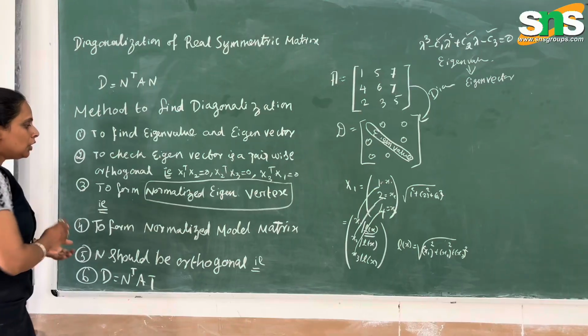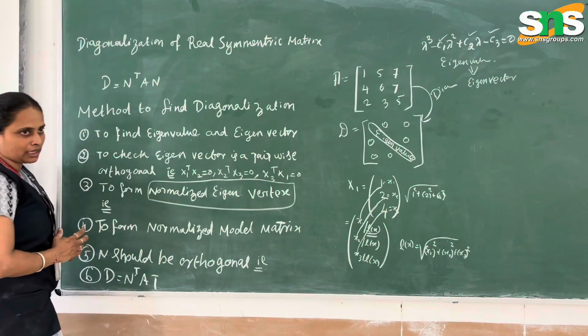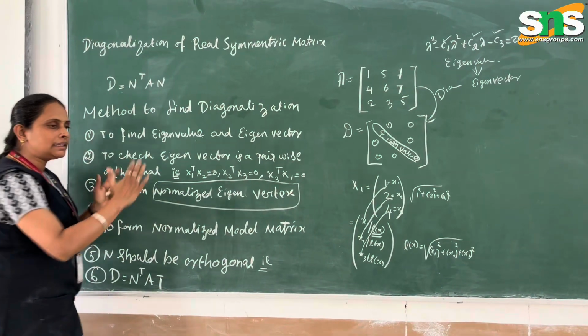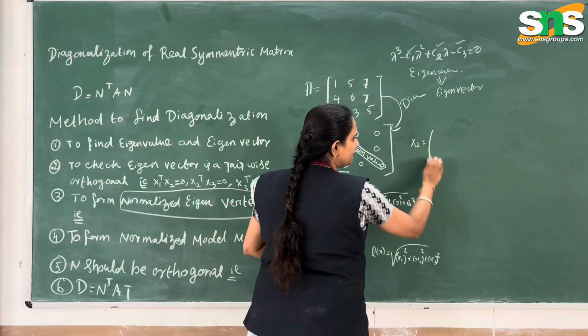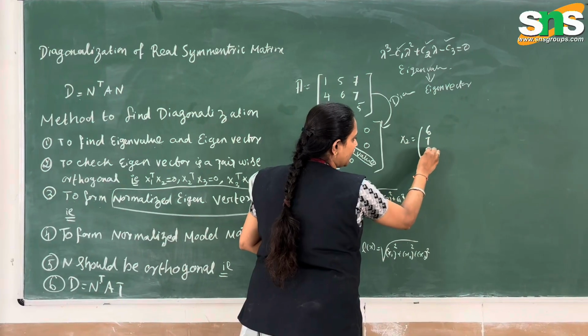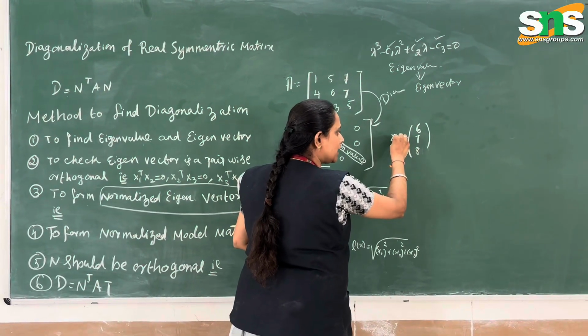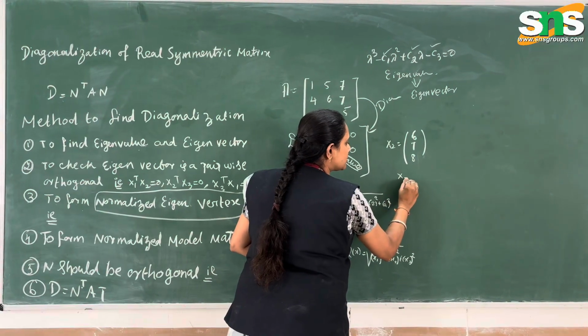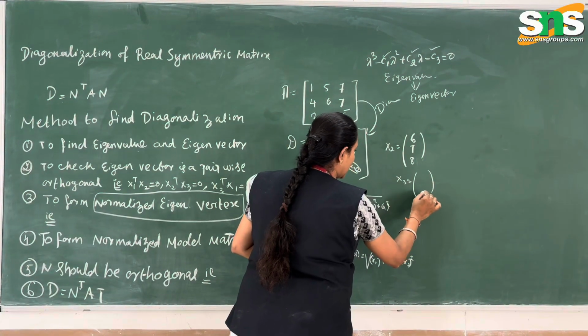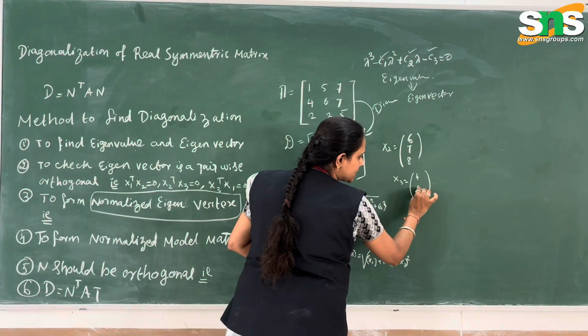Using this normalized eigenvector, we combine three vectors. For example, x2 is 6, 7, 8, and using this x2 we find its normalized eigenvector. Then x3 is another normalized eigenvector, for example 4, 6, 7.